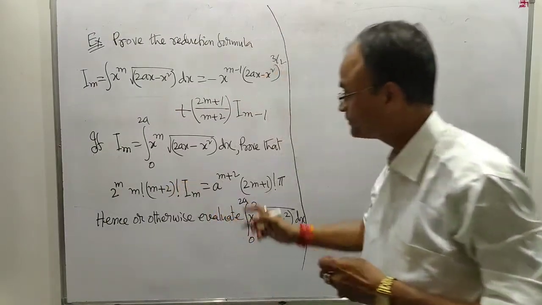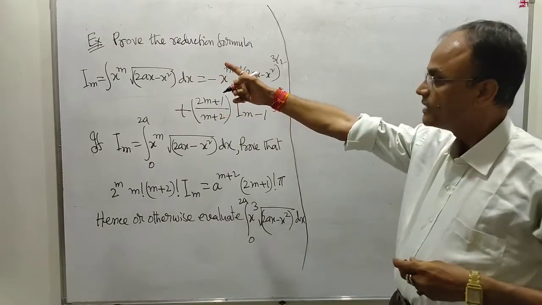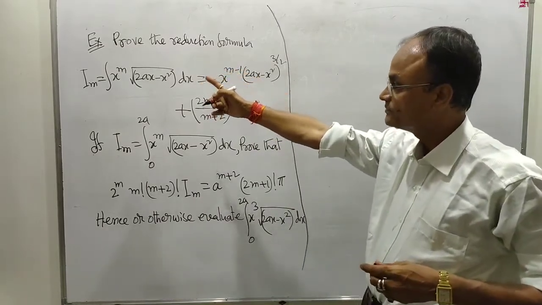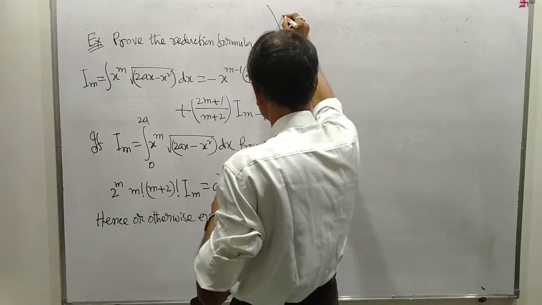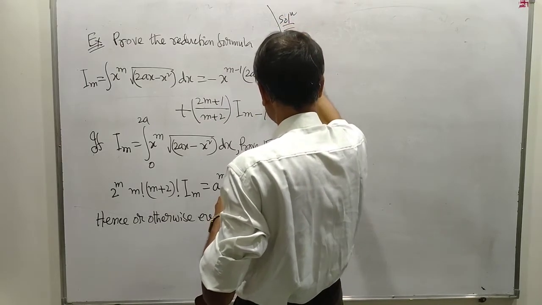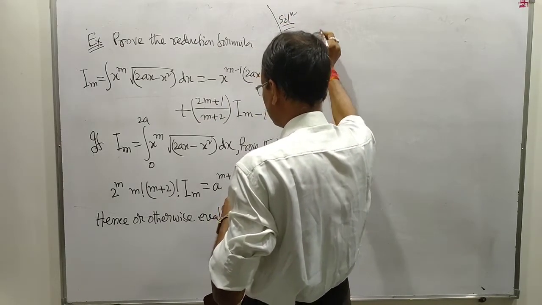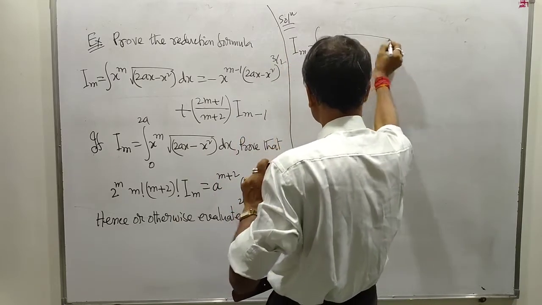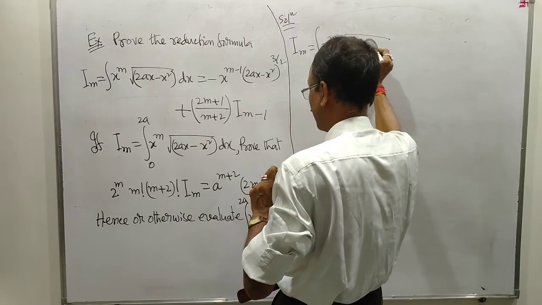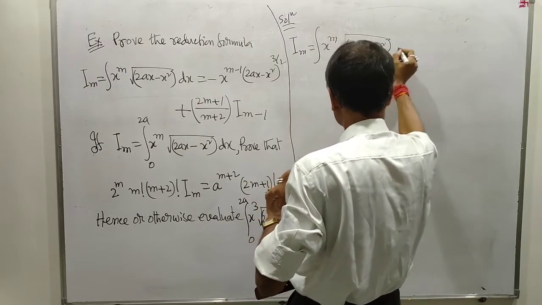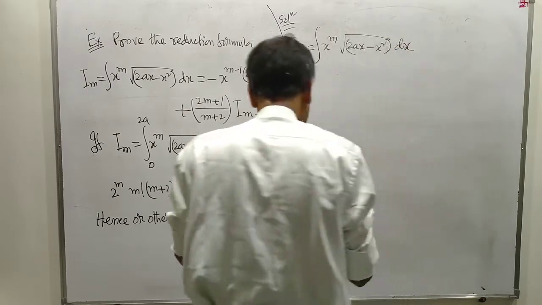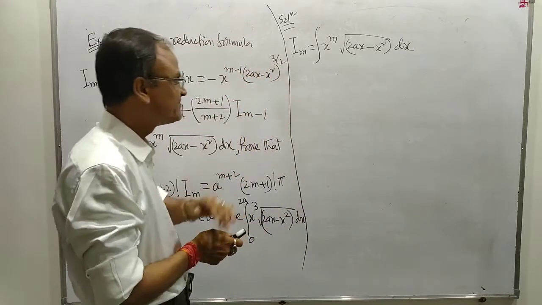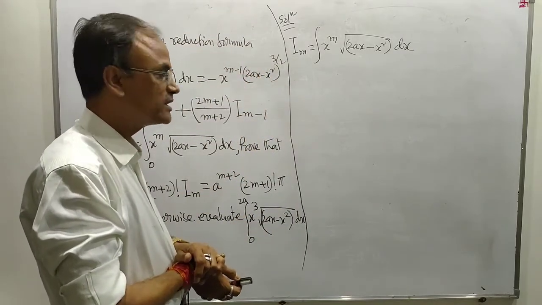Now you see, I am going to prove the first part. Solution will be like this. I_m is equal to integration x to the power m root over twice ax minus x square dx.